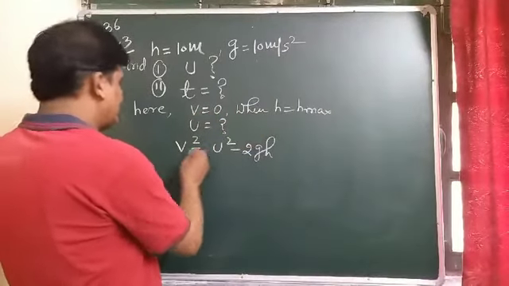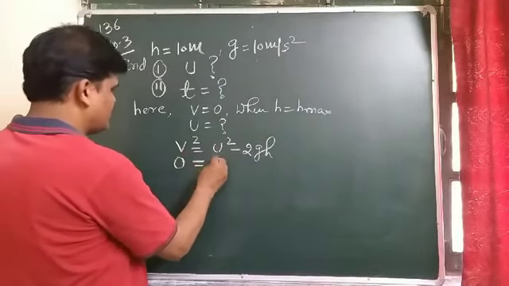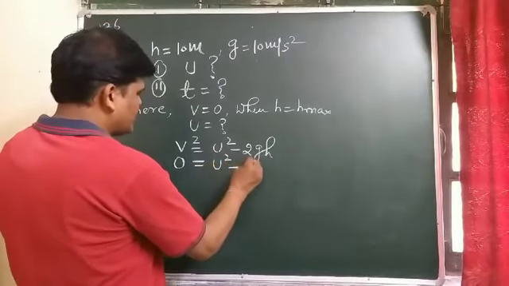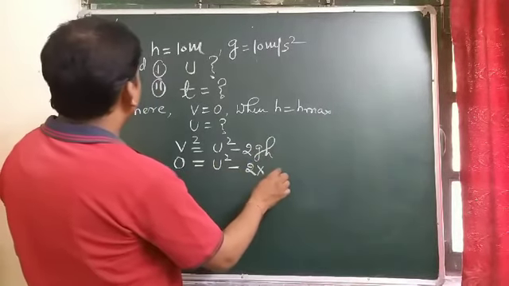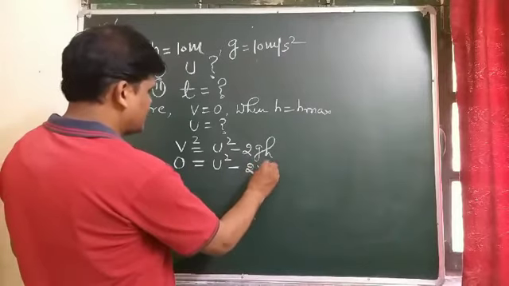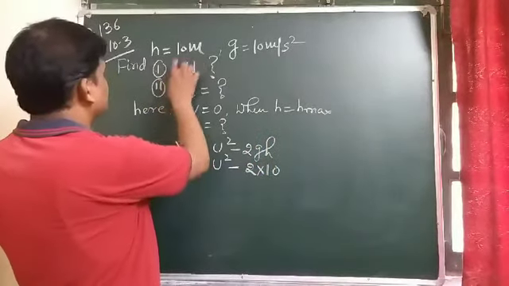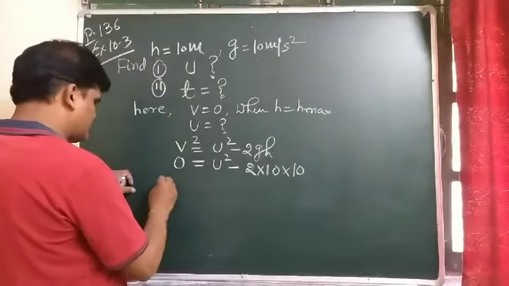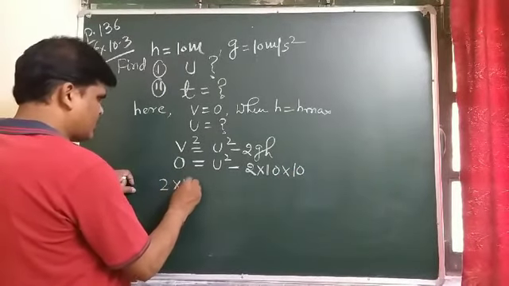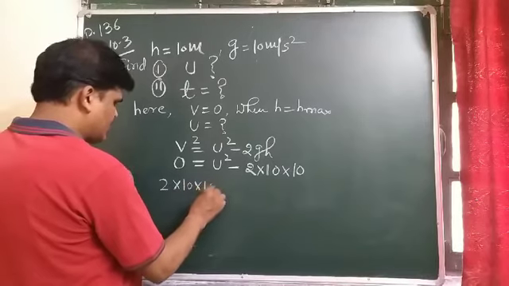At maximum height, final velocity is 0, and we have to find u square. g is 10, and h is given as 10, so 2 into 10 into 10.